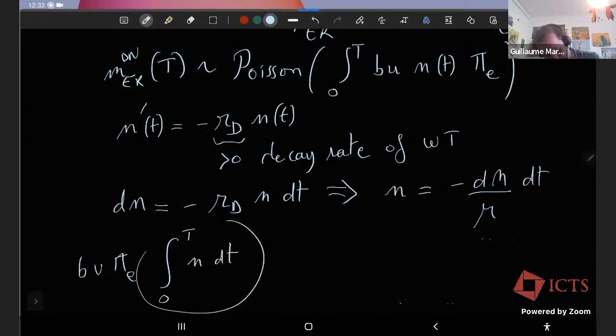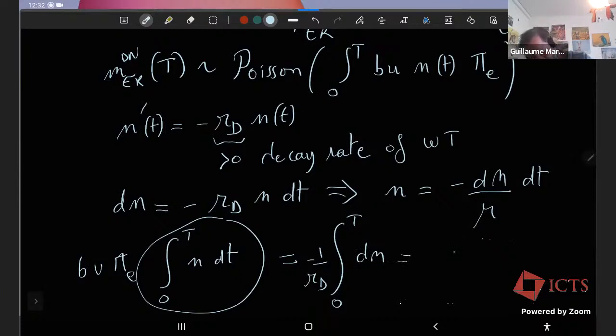This thing, you can write it as minus 1 over rd from 0 to t of dn. And so that means that you're looking at dn integrated from a time to another. So this is really minus 1 over rd, the value of n taken at time 0 and at time t.